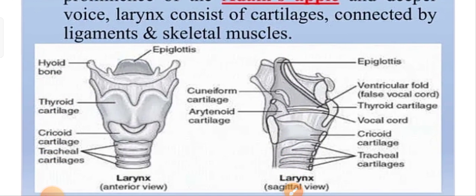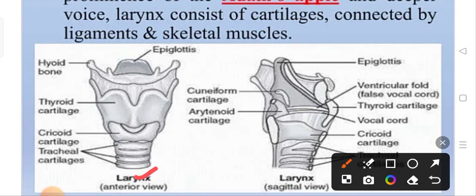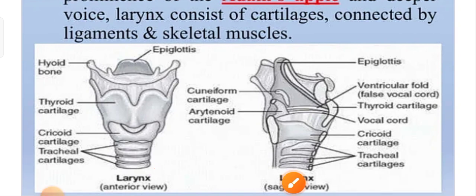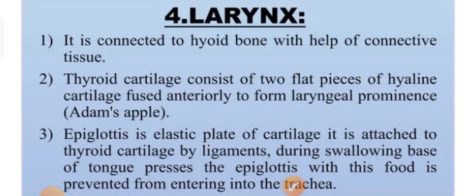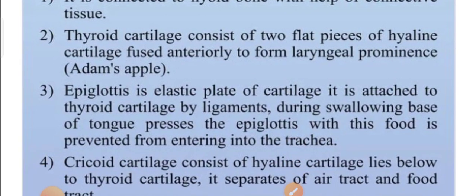So this is the anterior view. So this is a sagittal view. The larynx is connected to the hyoid bone with the help of connective tissue.